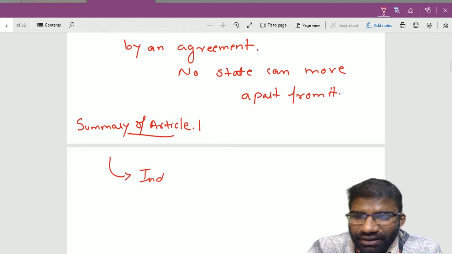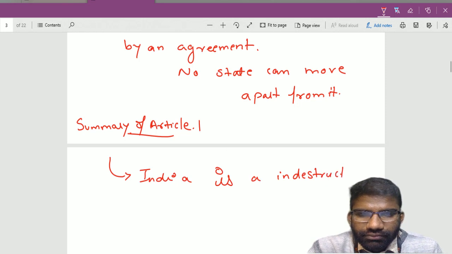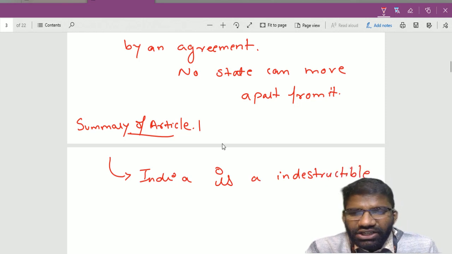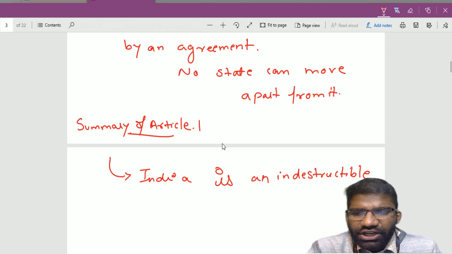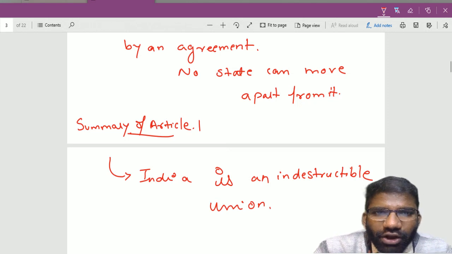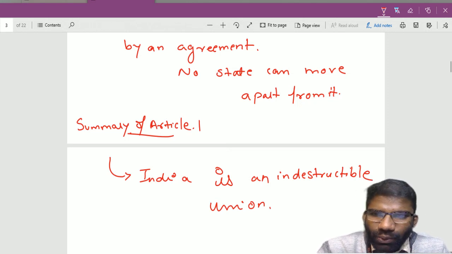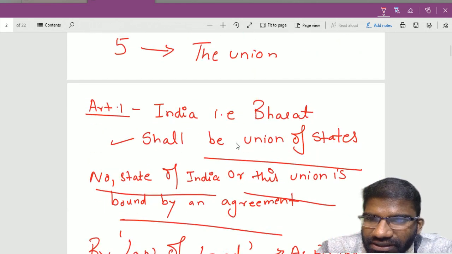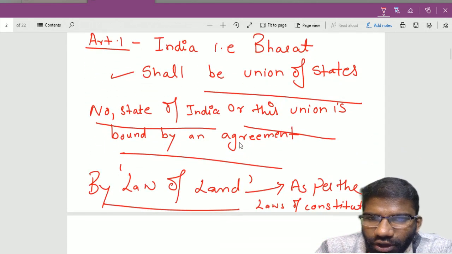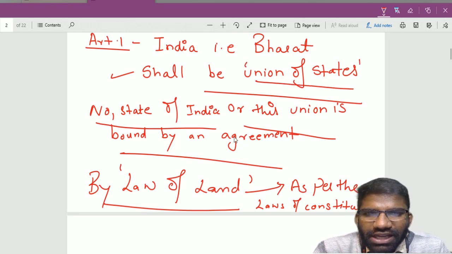India is an indestructible union. That means no one can break the land of India or fragment or bifurcate it. So this was a summary of Article 1. What we have learned here is, India, that is Bharat, shall be a union of states.